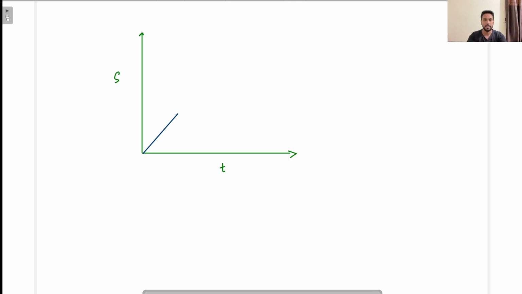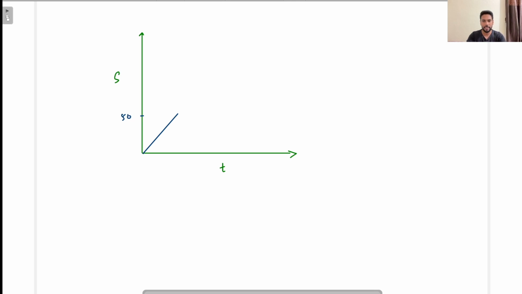Then it is picking up the speed. It starts from 0, picks up the speed, and stays in constant motion for some time. I would say it has a speed of 50 kmph and it stays at 50 kmph for quite some time.